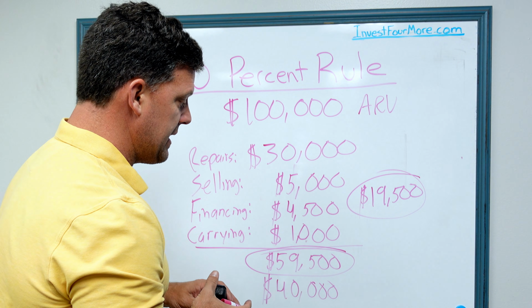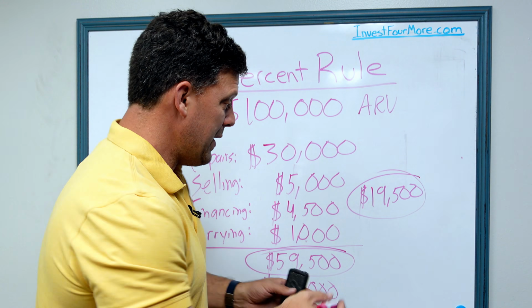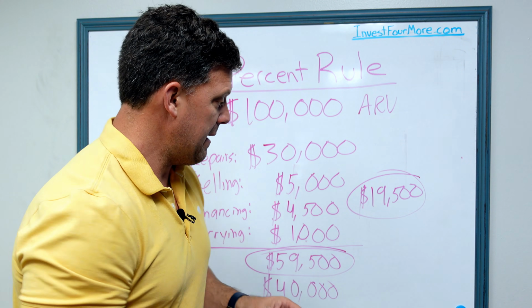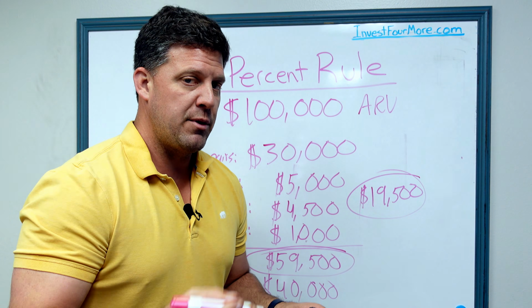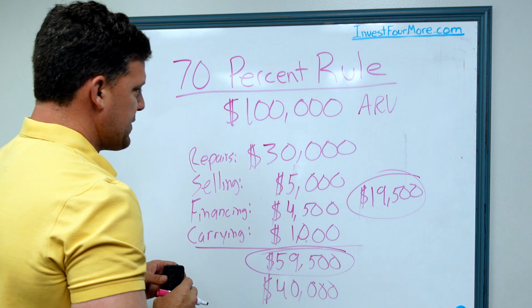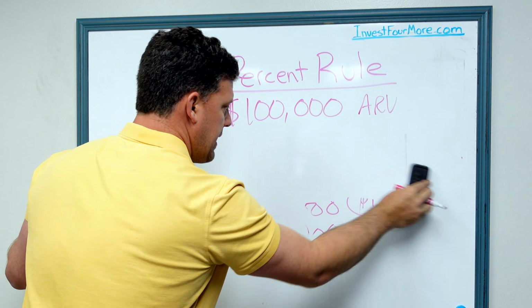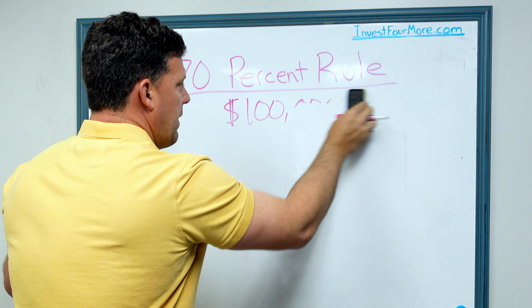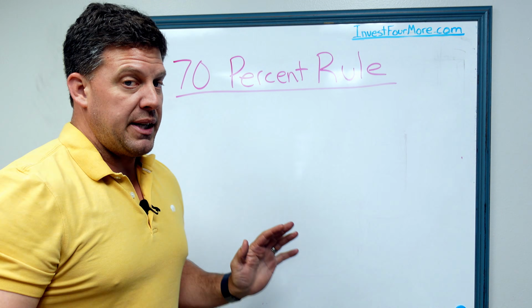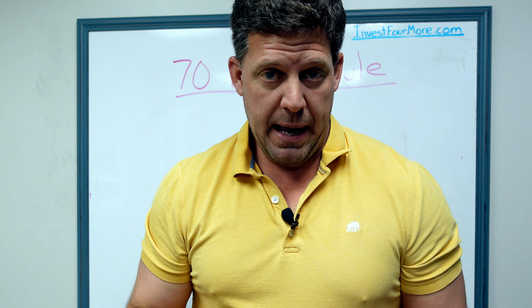So you have to decide, is that worth it? You know, the other one told us not to buy it. This one's telling us we should buy it when maybe we shouldn't. That's why I don't like the 70% rule. And there's some other reasons why I don't like this rule, while a lot of other people just blindly accept it as what you have to pay.